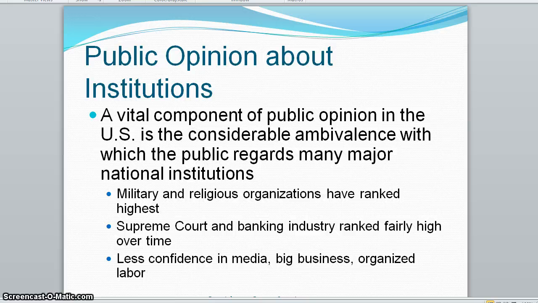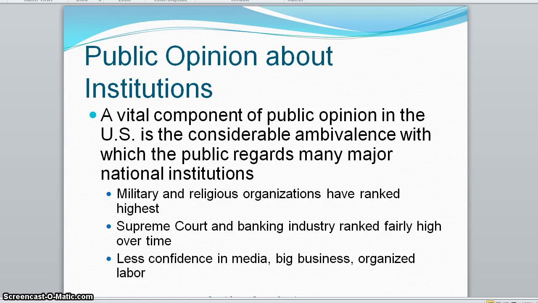A vital component of public opinion in the United States is the considerable ambivalence with which the public regards many major national institutions. If you look at the nationwide polls, they generally will have the military and religious organizations ranked highest. The Supreme Court is ranked fairly high. The banks were too, until 2009 and the financial collapse.